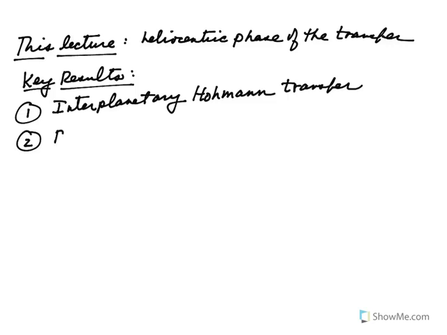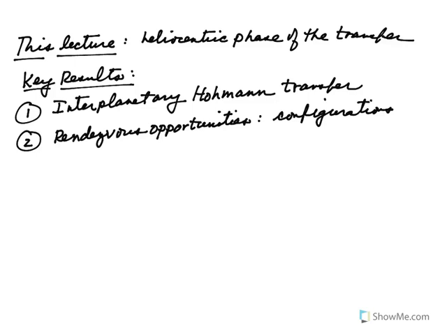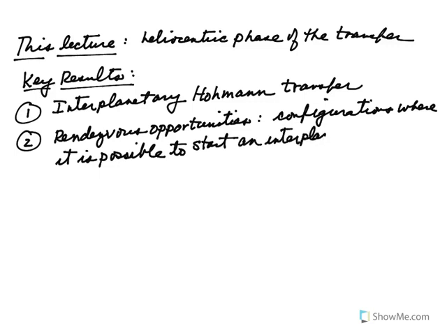The second part is going to be discussing what are called rendezvous opportunities, which are times, or I can actually say it this way, configurations where it is possible to start an interplanetary Hohmann transfer.